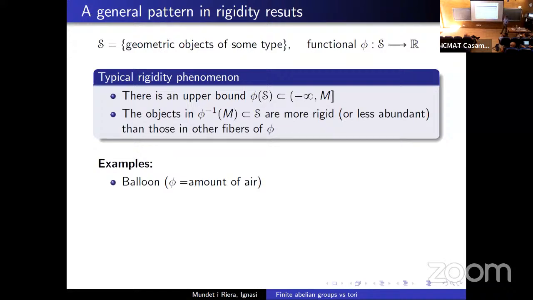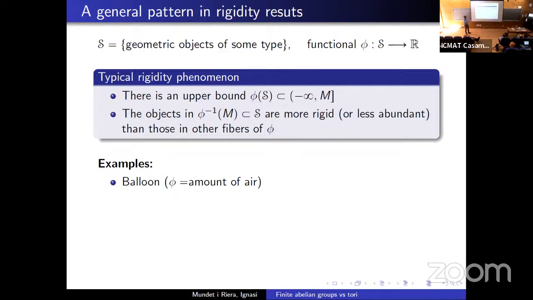The first example is a balloon. Oh, what a coincidence. I have a balloon in my pocket. So if you want to describe very roughly the situation of a balloon, you can do it in terms of how much air there is inside. And certainly this amount of air is limited. There is an amount of air that if you go beyond, the balloon undergoes a violent and noisy transformation.